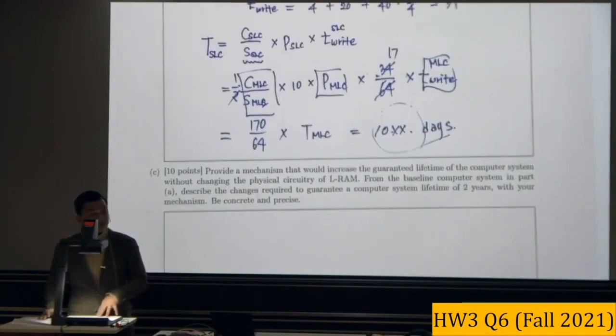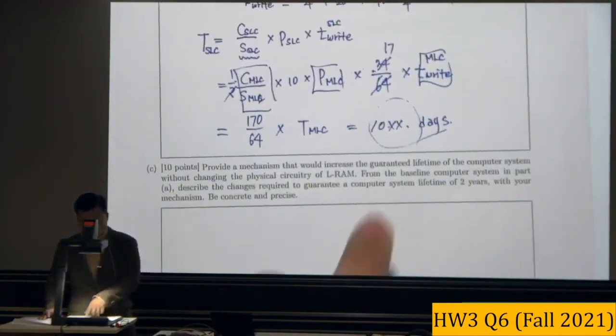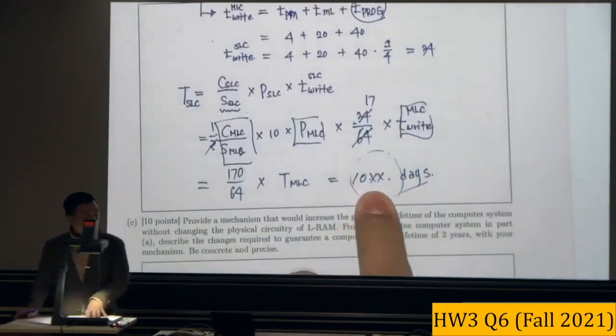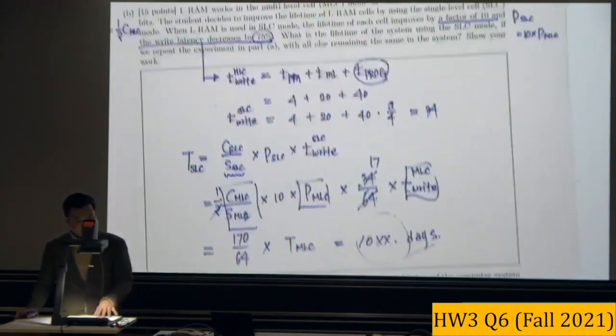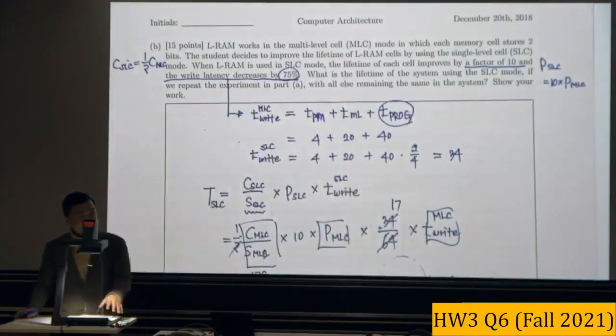Is it clear? So it means that finally it meets the target lifetime of the device, but it does not mean that there is no problem now, because we reduce the capacity of the main memory system. So there should be some drawback of this approach, because the total capacity of memory system is decreased.